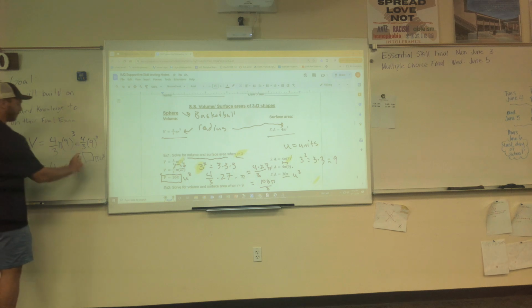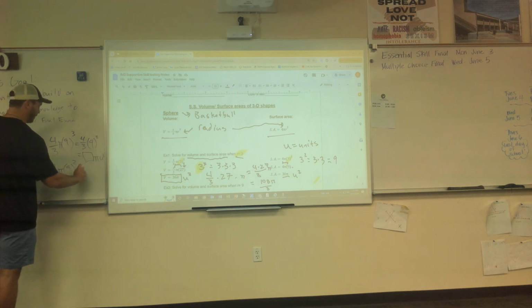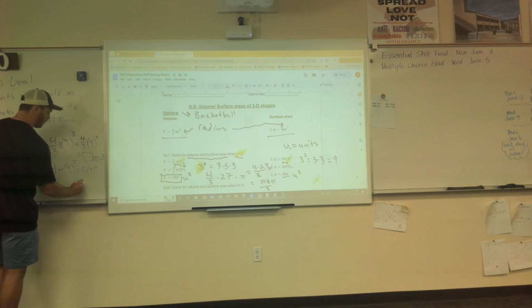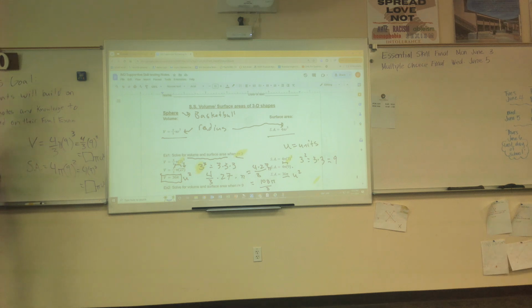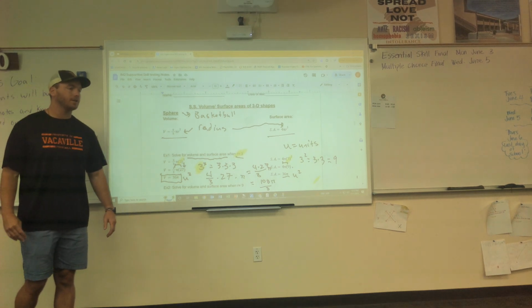Surface area, rearrange it a little bit: 4 parentheses 9 squared. Whatever you get in your calculator, just throw it in that box, give it a pi, and a unit squared. That's it.